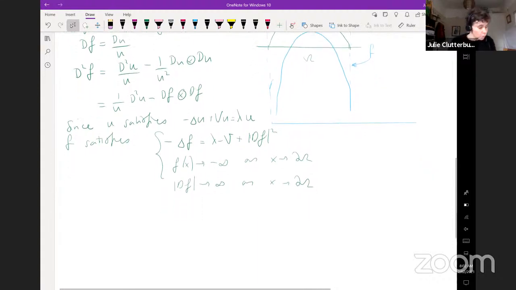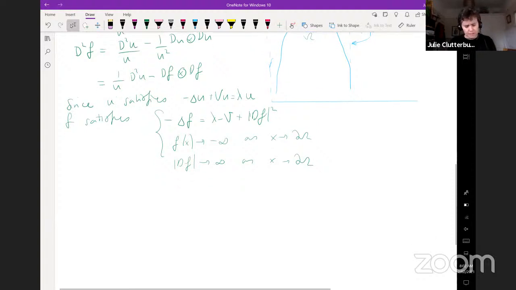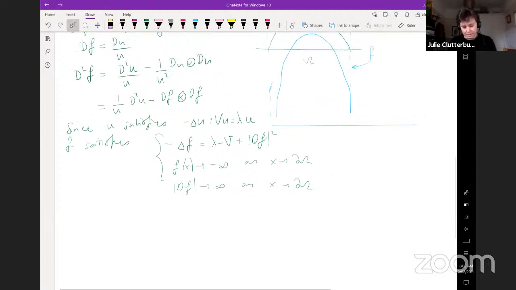Okay, so what we're going to try to show is, firstly, that the Hessian d2f is negative towards the boundary, and then we'll show that it can't have an interior positive maximum. So a kind of maximum principle type idea.